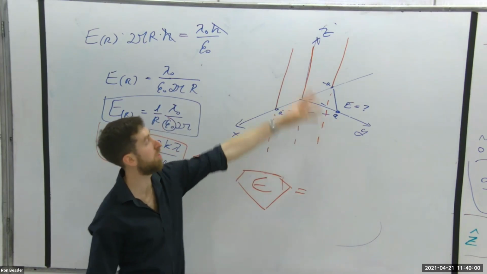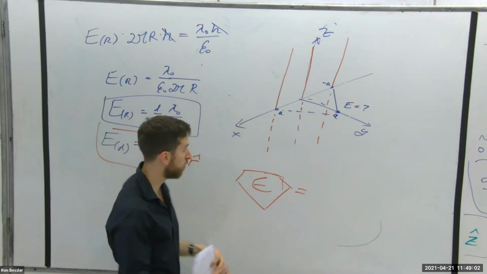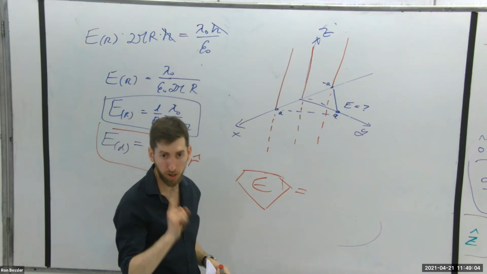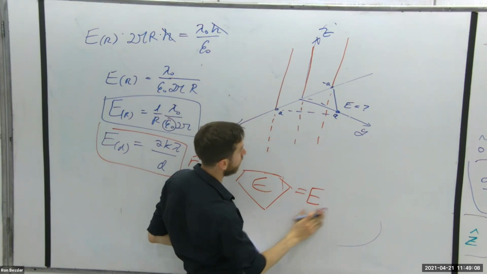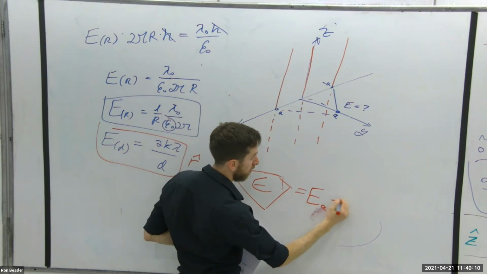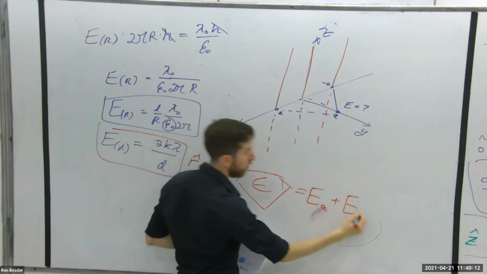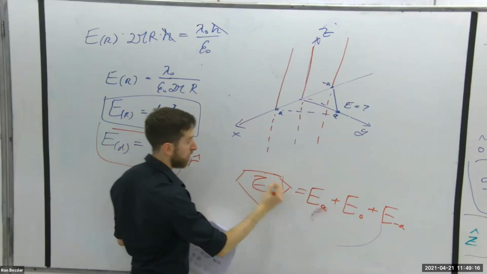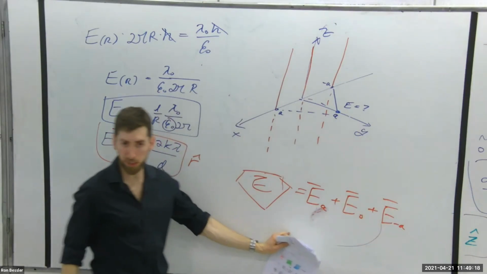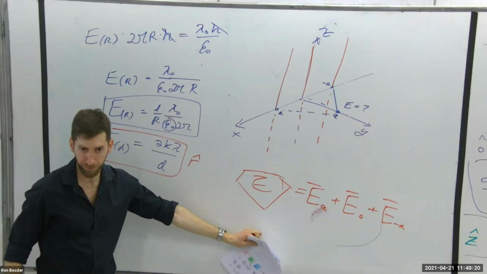So I can take this complex problem and split it into 3 easy problems, only one wire each. So we have E_A plus E_0 plus E_minus A. That's going to be the solution, agree?